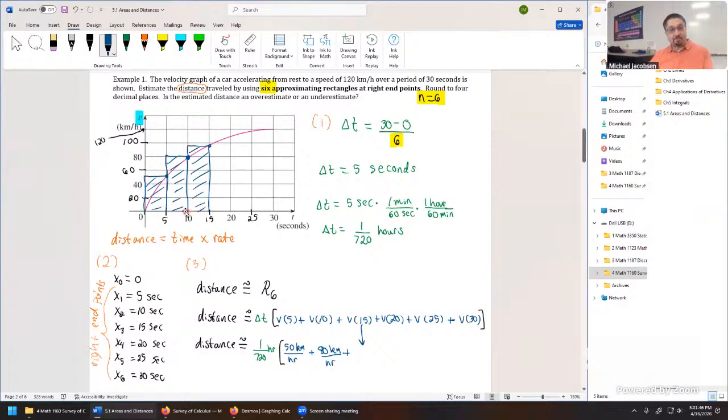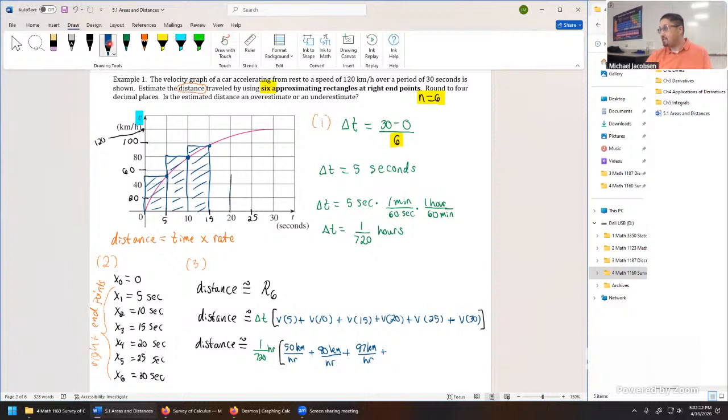So we're saying for the entire range, 10 to 15 seconds, that's a time of 5 seconds. Again, 1 over 720th of an hour. We're saying that the rate of speed is, let's go with 97 kilometers per hour for that whole interval. 97 kilometers per hour. Then it becomes pretty methodical after a point.